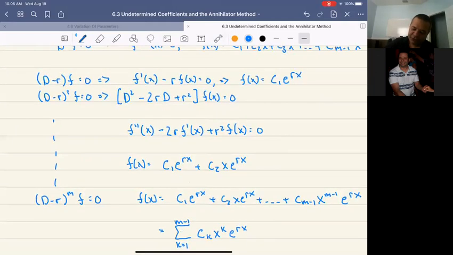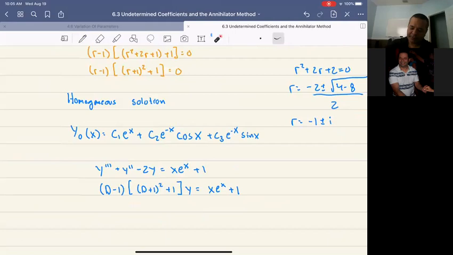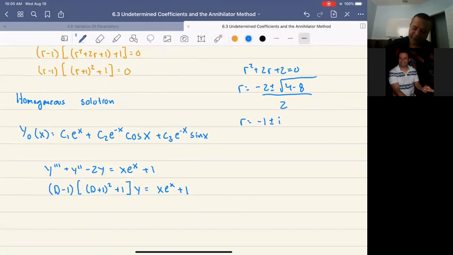In order to annihilate the x e to the x, we need the squared term. So let me write that down over here. D minus 1 squared x e to the x equals 0. And how do we annihilate 1? We annihilate 1 just by taking the derivative. So D times 1 equals 0.